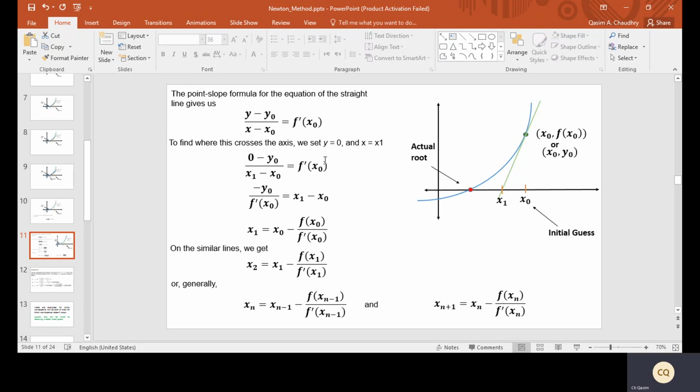What I am going to do is just cross multiplication. बेटा मैं क्या कर रहा हूँ कि इसको उठा के नीचे रख दिया और इसको उठा के ऊपर कर दिया. So this is just changing their positions. So minus y naught over f prime of x naught is equal to x1 minus x naught. बेटा यहाँ पे देखें कि what we are going to do.